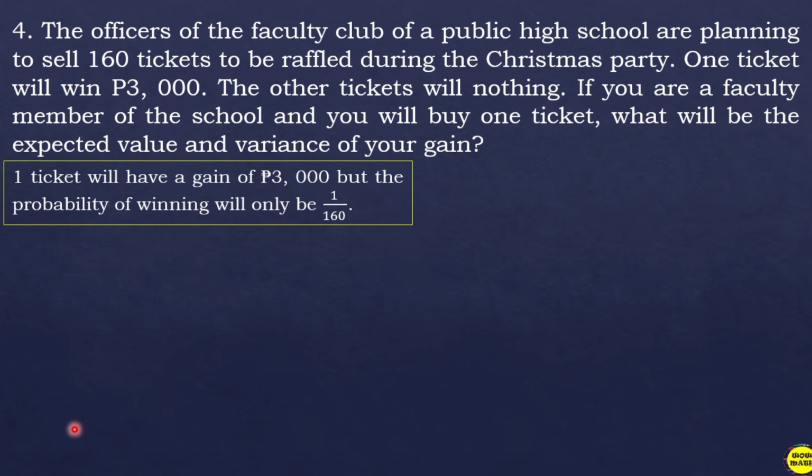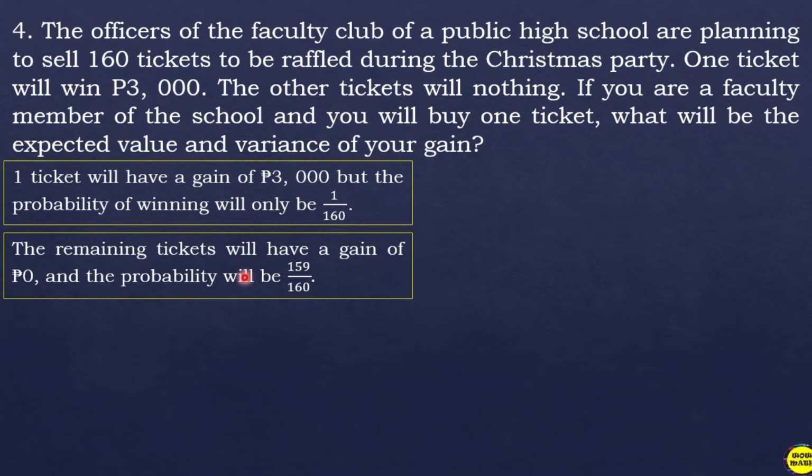Okay, first, one ticket will have a gain of 3,000 pesos. But the probability of winning is only 1 over 160, because there are 160 tickets, right? So, this is the corresponding probability of winning if you buy one ticket. Next, the remaining tickets will have a gain of 0 pesos, nothing.